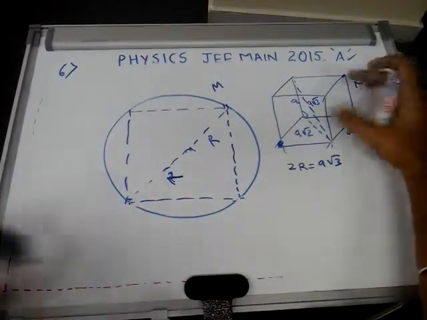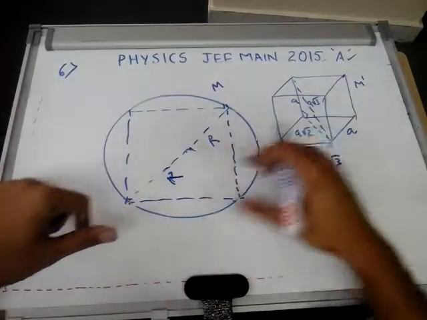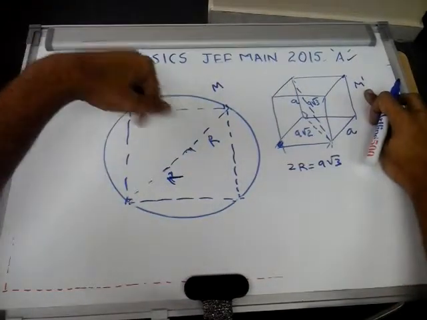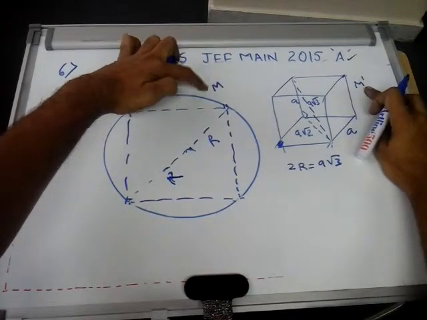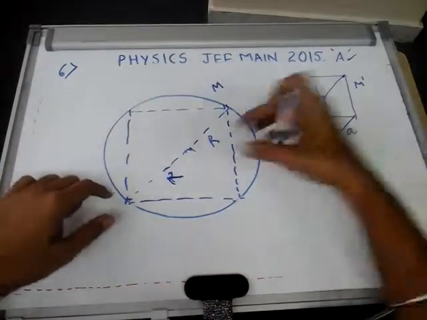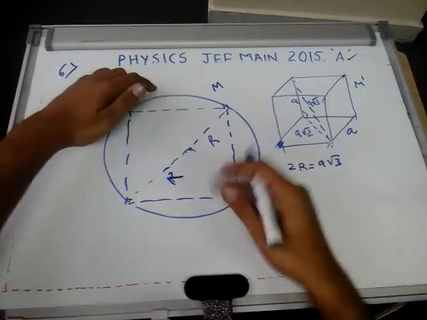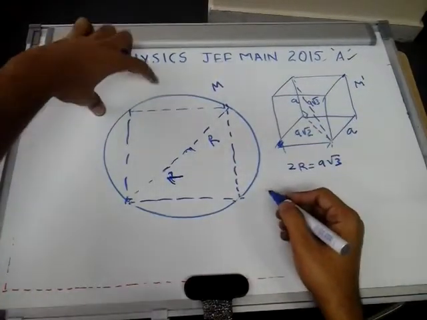Suppose the mass of this cube cut out from the solid sphere is m dash, and the mass of the solid sphere is m. How can we relate these two masses? We can say that density is the same for both.